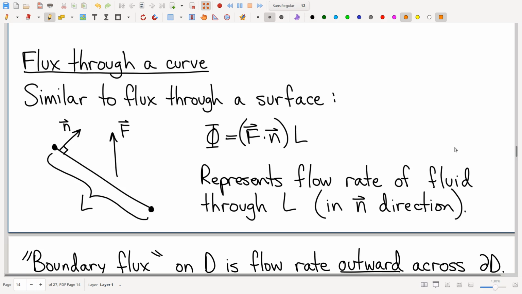So this is kind of a two-dimensional version of the same thing. Here, instead of having a surface, I have a line segment in 2 dimensions. And imagine some sort of a 2-dimensional fluid flowing around. If you know the velocity of that 2-dimensional fluid, you want to know how much area per unit time of fluid is passing through our curve. How would you compute that? And the answer turns out to be this right here.